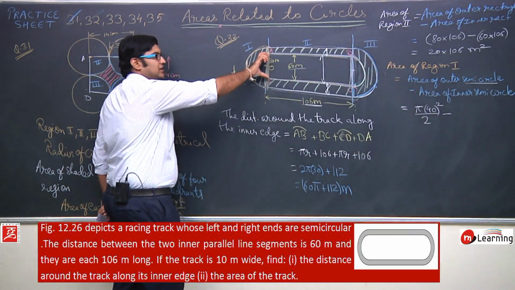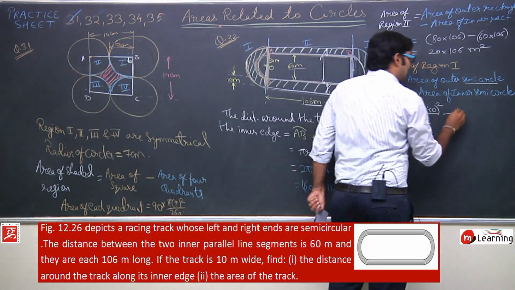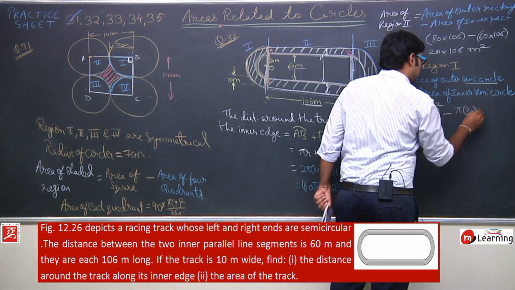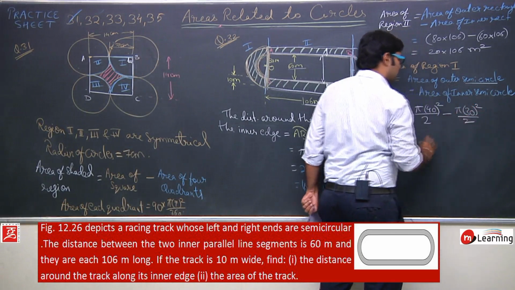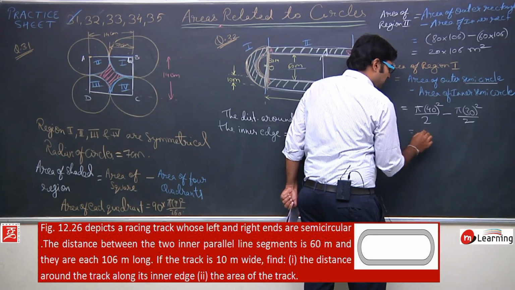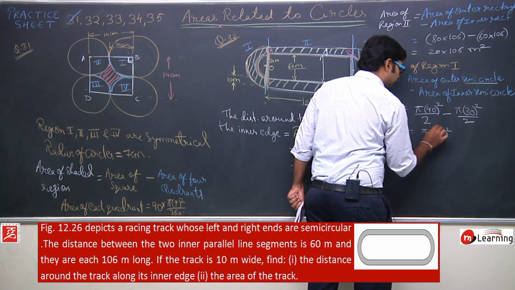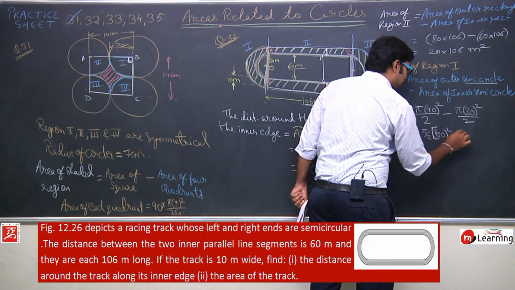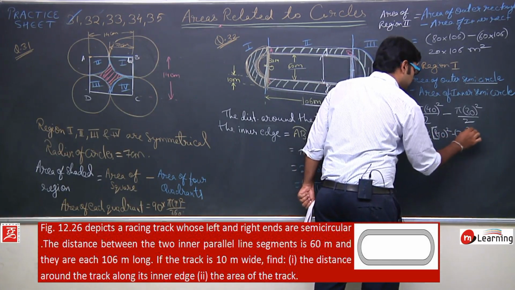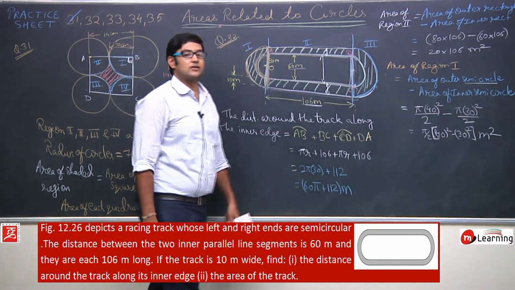For the inner semicircle, the diameter is 60, the radius is 30, so it will be pi into 30 square upon 2. So area of region 1 will be equal to pi by 2 times the bracket 40 square minus 30 square meter square. This is the area of region 1.